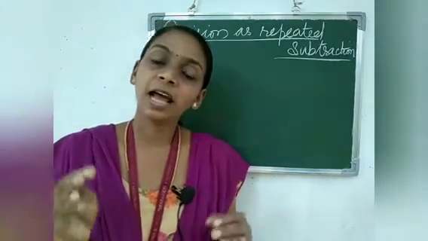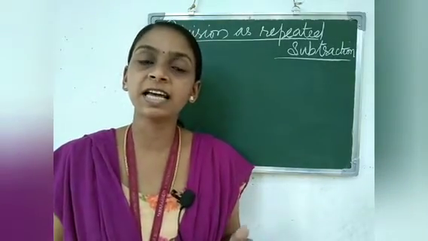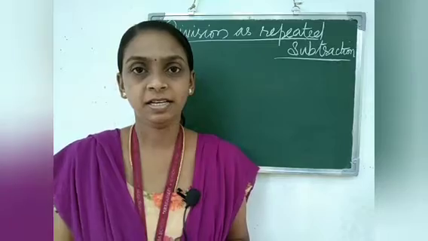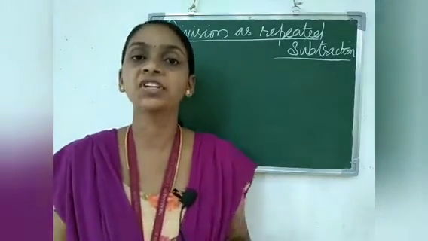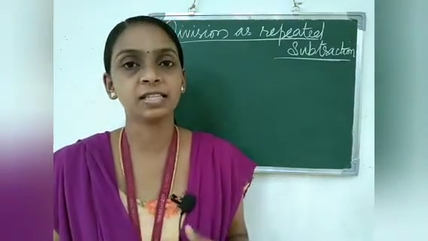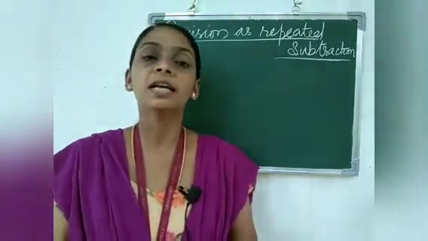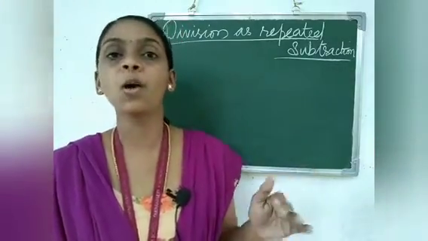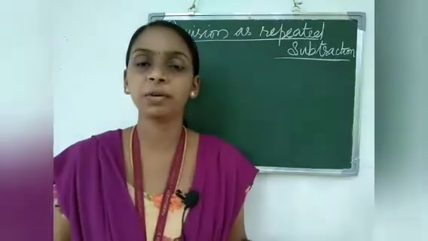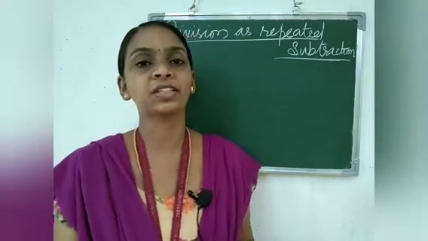So division is the repeated subtraction. By doing the subtraction repeatedly, we will get the answer of division. Now we will find how to find the answer of a division problem by the repeated subtraction method.